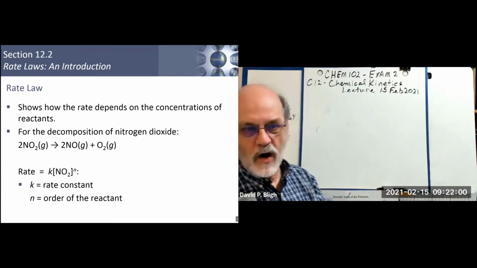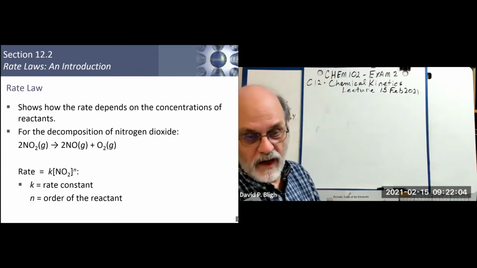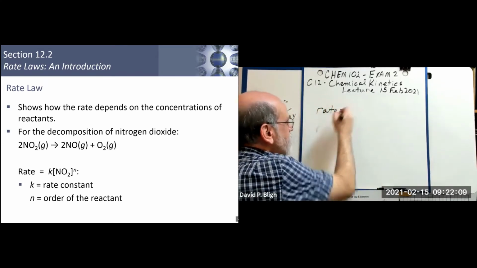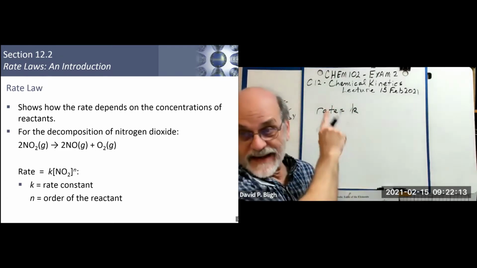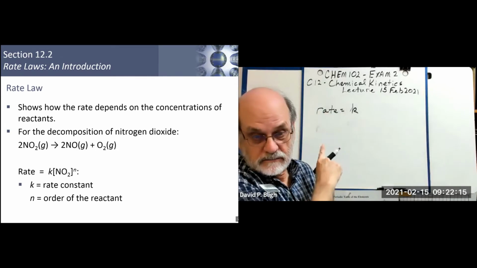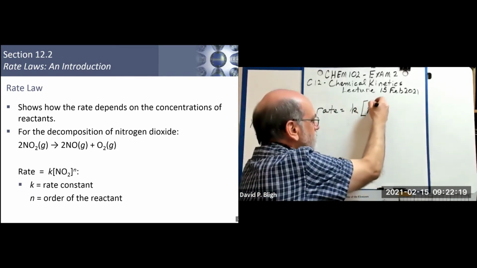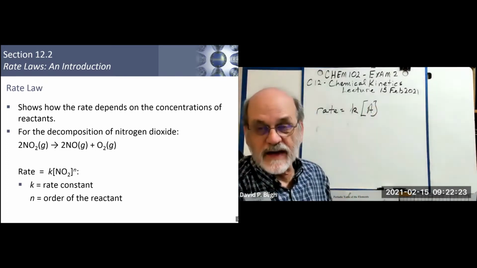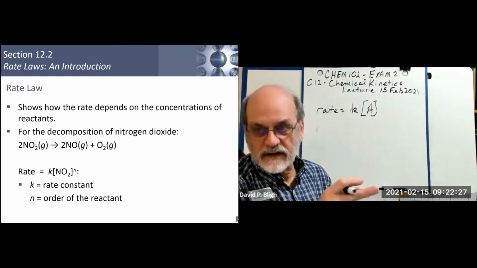So what does the rate law look like? Well, for this reaction, the rate law would be just the rate equals some constant, and that is a constant for the reaction, and then the concentration of A. Right, what is the concentration of A when you start, or at any point in the reaction?